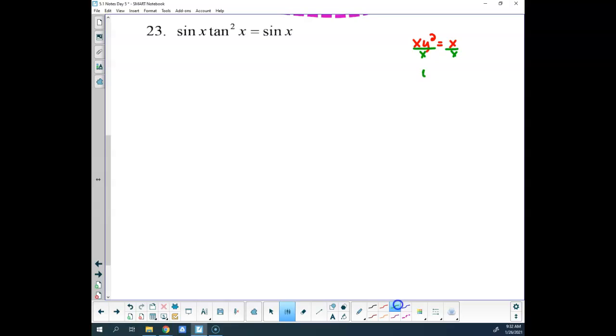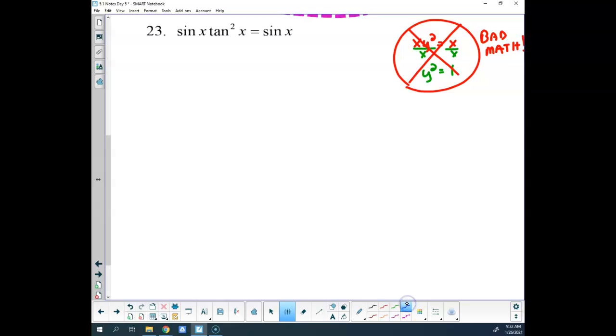And the problem with that, just writing y squared equals 1, is that you lose a factor. Okay? We can't divide by a factor. We have to factor our factor. So this right here is bad. If we were simplifying, it'd be good math. But we're solving, so it's bad math. Okay? We have to factor our factor.